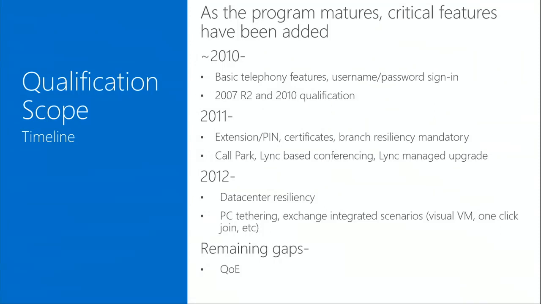The product group is doing an update of the TechNet pages for these IP phones to make sure that we draw out these distinctions a little bit better. But depending upon when a device may have been qualified through our program, as we've gone through the years since this program kicked off, certain capabilities have been introduced, certain things have been made mandatory, that any device that follows in that qualification must meet that criteria for it to pass, right?